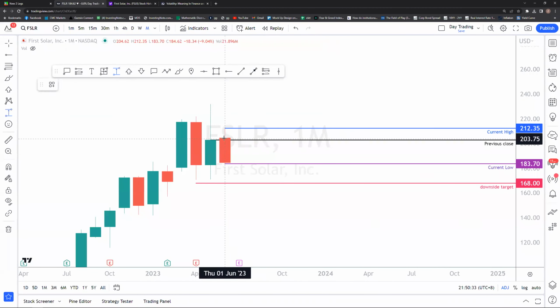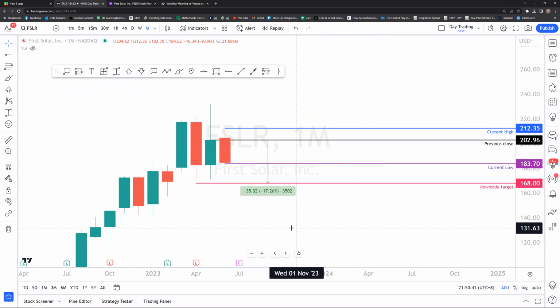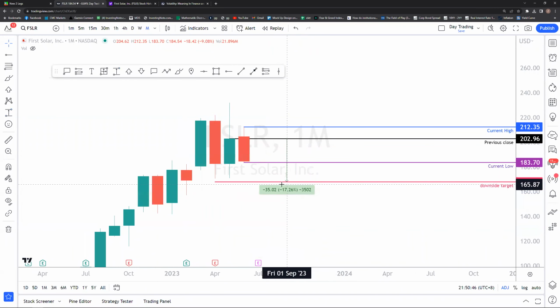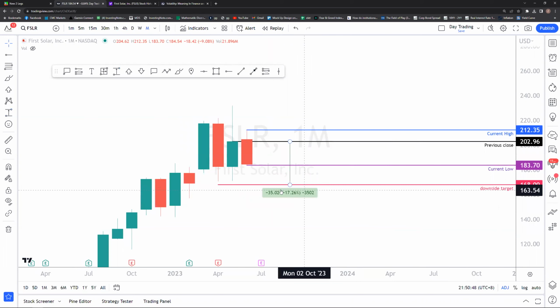From the previous close to our stop loss price is about 17% down. Meaning I'm looking at what is the probability of First Solar closing at 168 in the current month, meaning the end of June, which is a few days away now. So what is the probability?